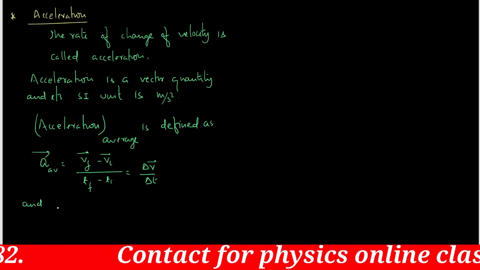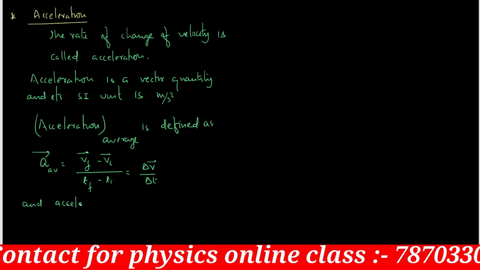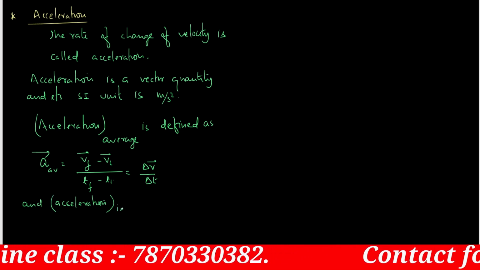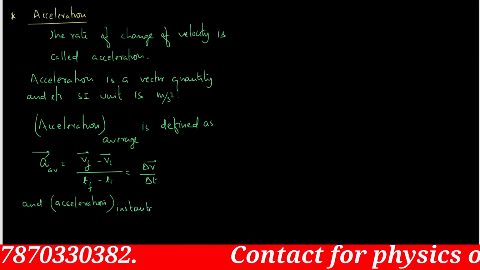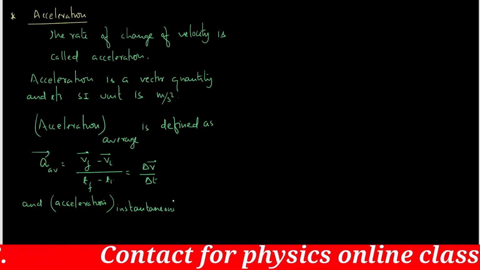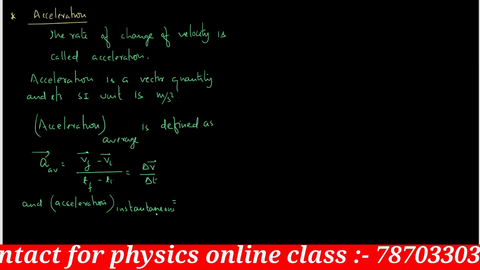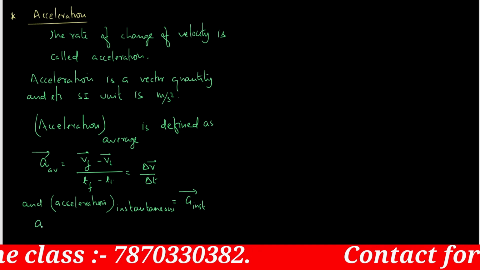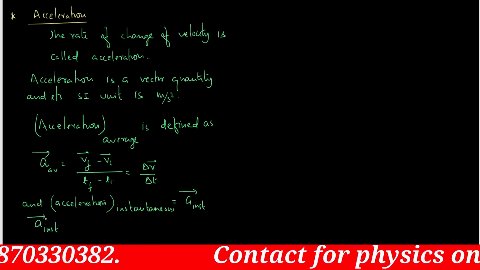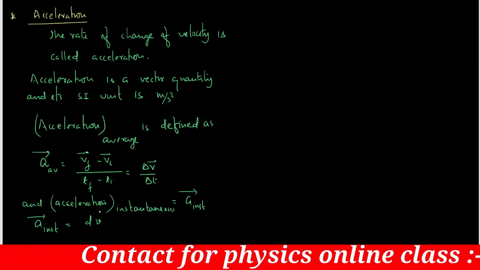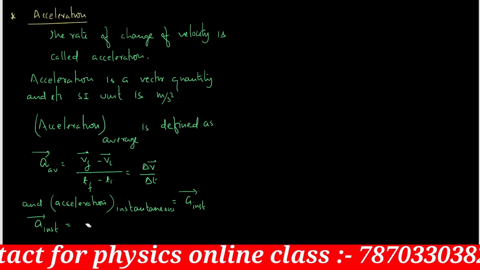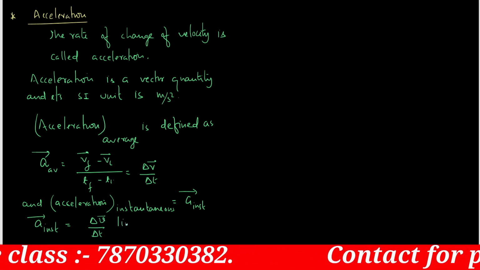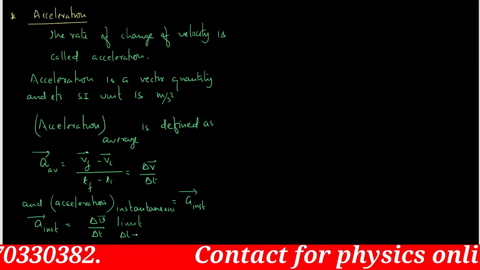And instantaneous acceleration is defined as a instantaneous equals dv upon dt, or you may write this as delta v upon delta t, but limit delta t tends to 0.